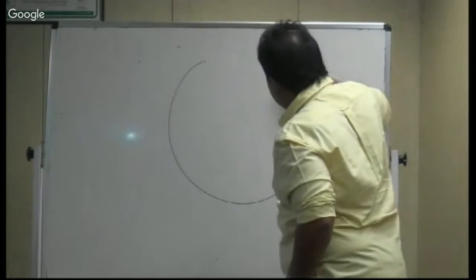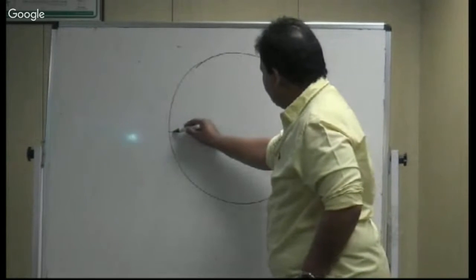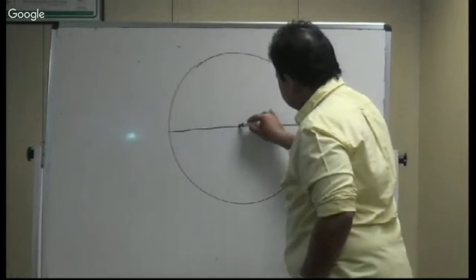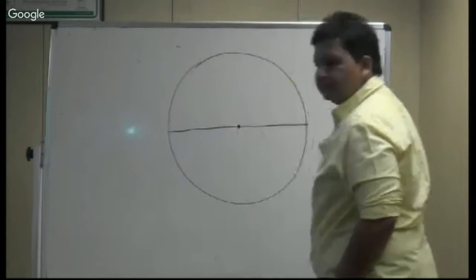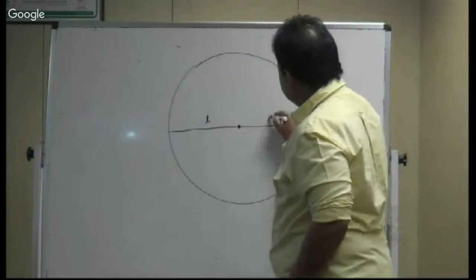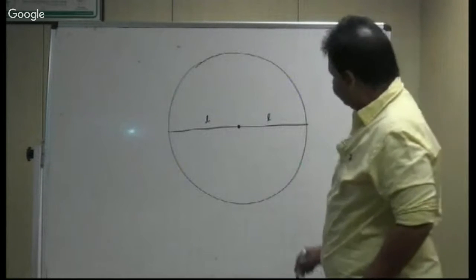Same conducting ring. Instead of one rod, now you have two rods. Length L, internal resistance small r, same question.